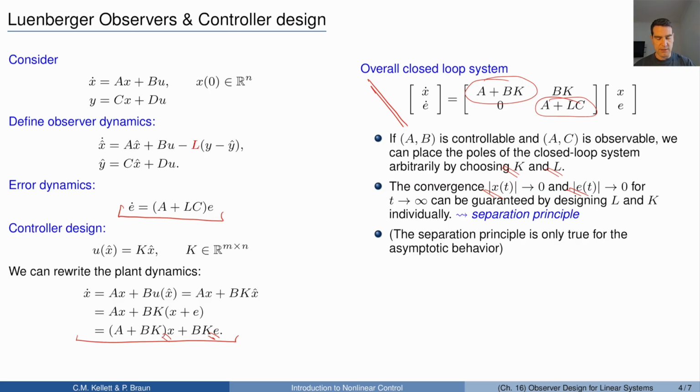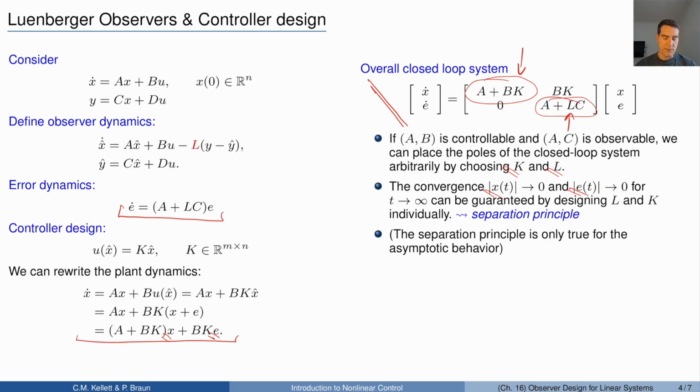The fact that we can choose K and L independently in terms of asymptotic behavior is called the separation principle. This is true if we are only interested in the asymptotic behavior.